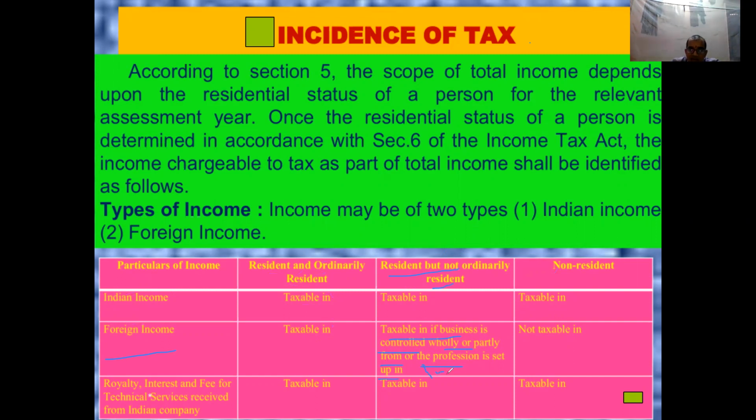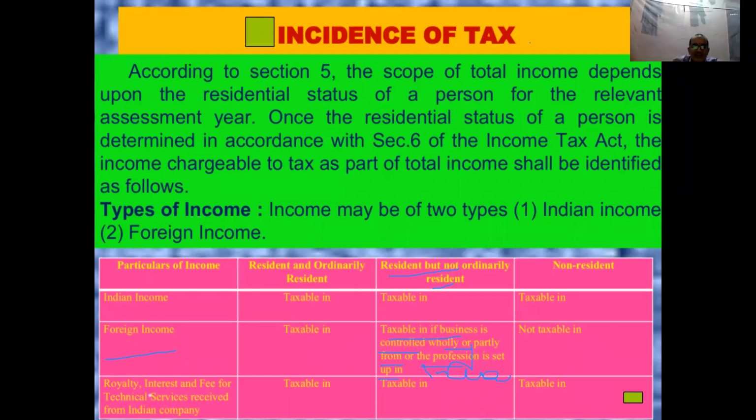So it is taxable, provided the business is controlled from India, wholly or partly. Suppose, let us take, for example, a Hindu undivided family is set up in Indonesia. The Karta is staying here. You know, a Hindu undivided family is controlled by the Karta. The Karta is staying in India.